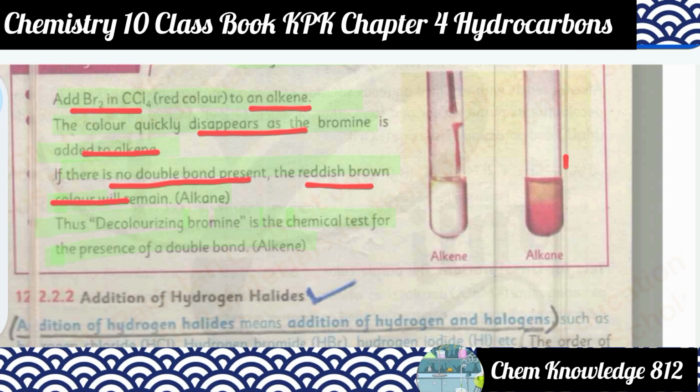So you can say if the color persists, so the brown color persists, it means that this is alkane. If the color disappears, such as this, we can say that this is the alkene.